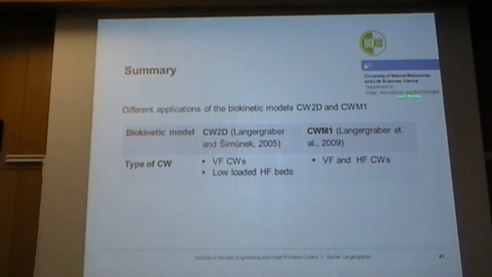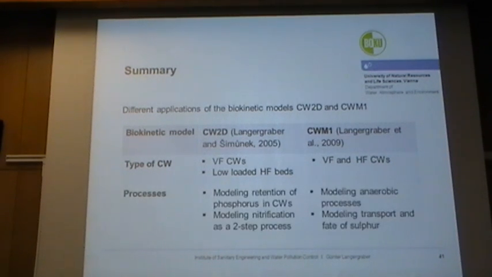So the general aim of Constructed Wetland Model number 1 was to come up with a model formulation that includes all processes, so that you can go to both systems. If you want to look at phosphorus, you have to use this model. It's clear because phosphorus is here, sulfur is in this model.